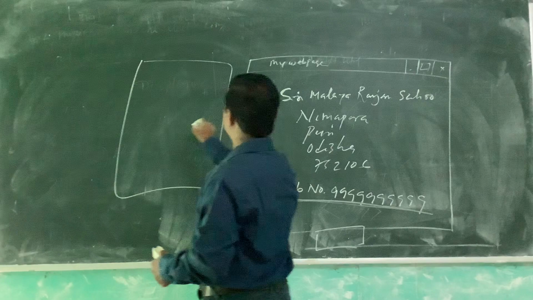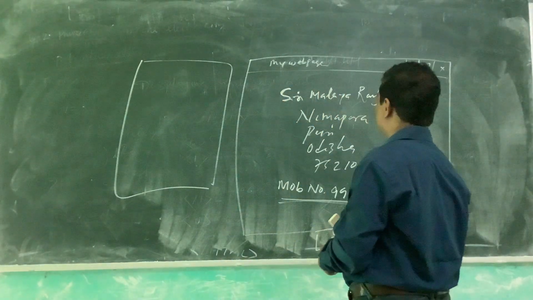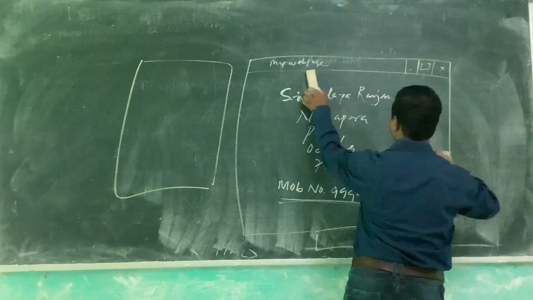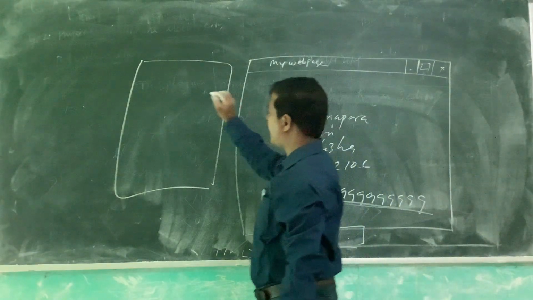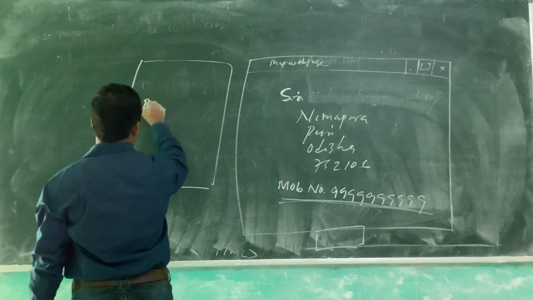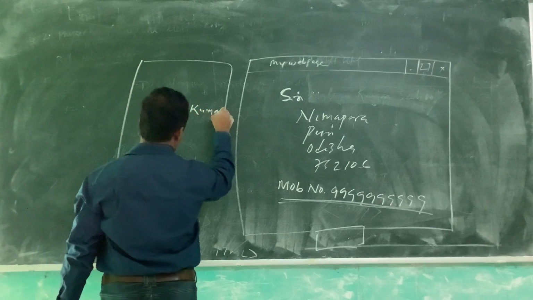If you change the name of the student from Malaya Ranjan Sahu to Vikas Kumar Das, let us type the name of the student as Vikas Kumar Das.